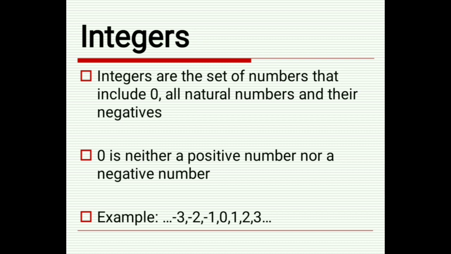For example, what are the integers? Minus 3, minus 2, minus 1, 0, 1, 2, 3. All these are integers. There are infinitely many positive integers and infinitely many negative integers.